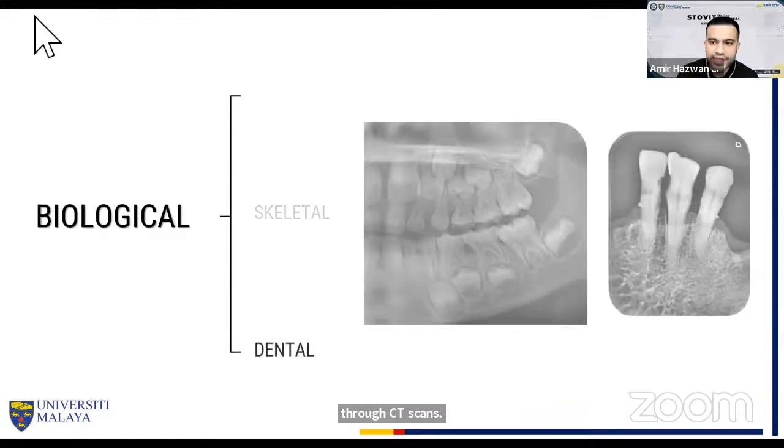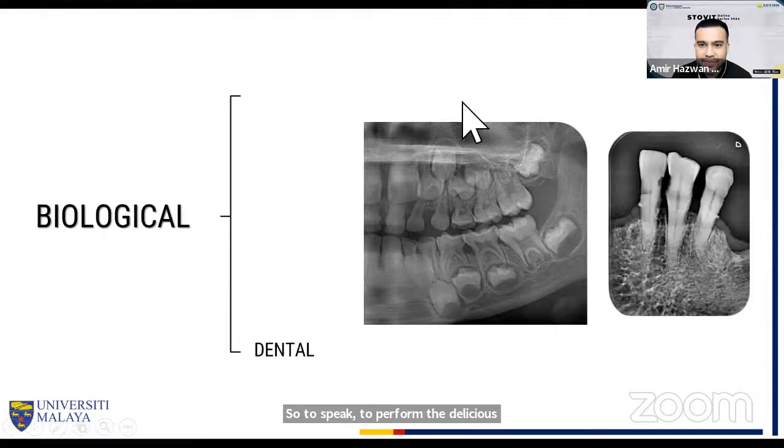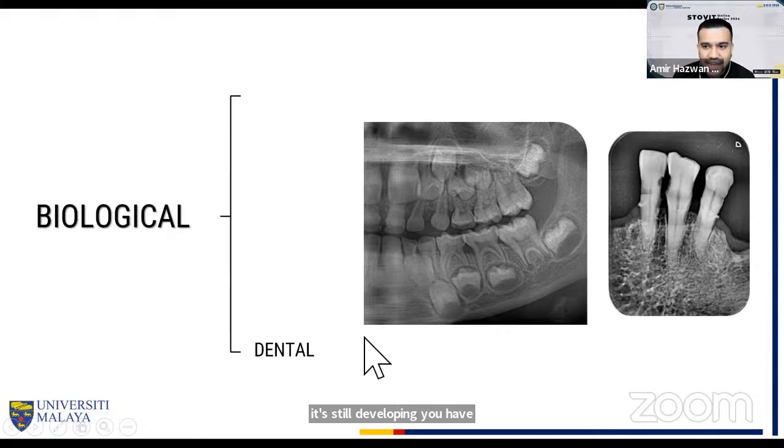And also dental age. So as I mentioned, it's much easier, so to speak, to perform dental examination when the patient or the subject is still developing. If you are presented with this kind of dentition, it's a very good thing for us because there are a lot of indicators that we can assess.